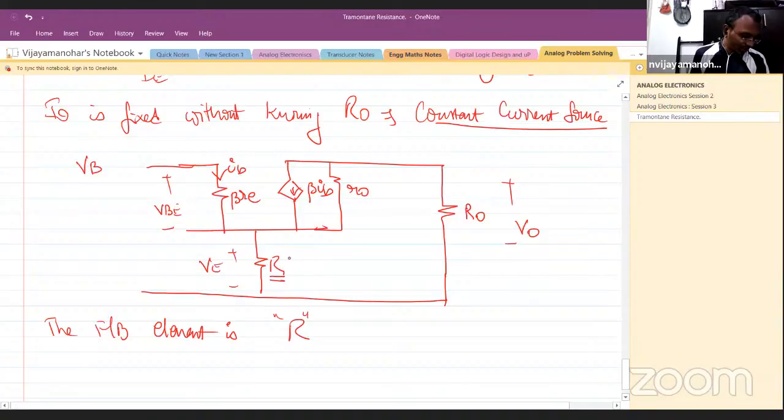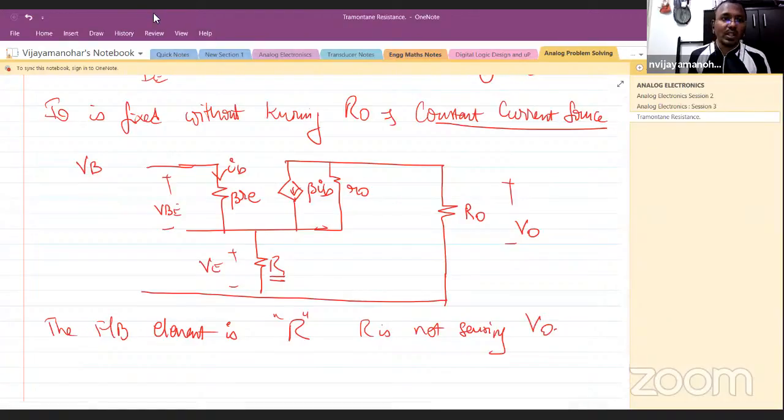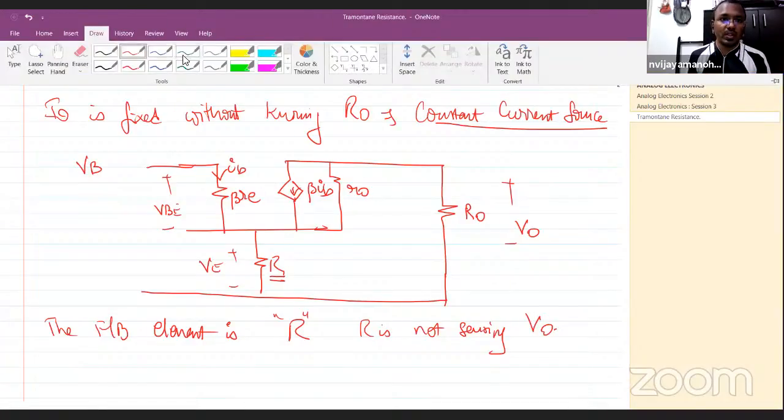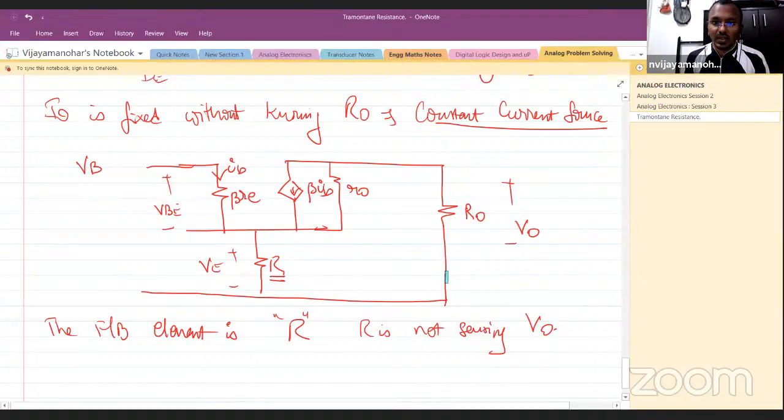Now what is R sensing? R is not sensing V naught. But whatever current is going to flow here, the entire current will flow through R and come back.